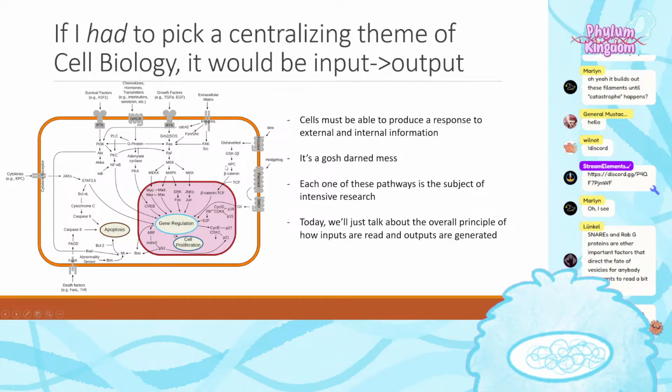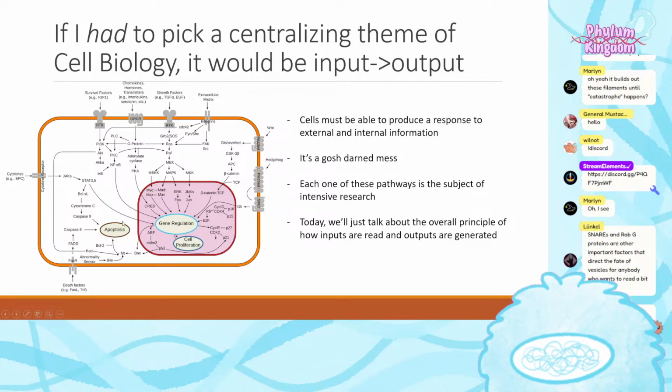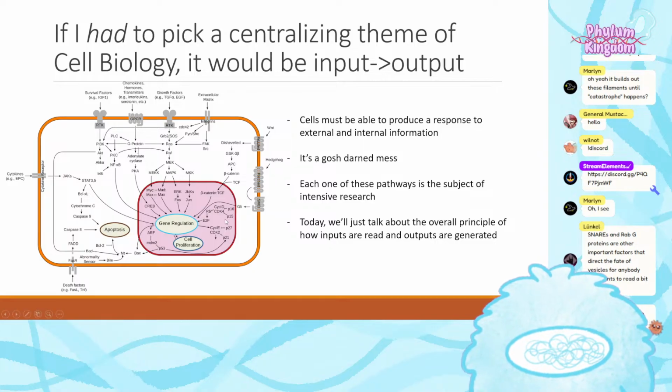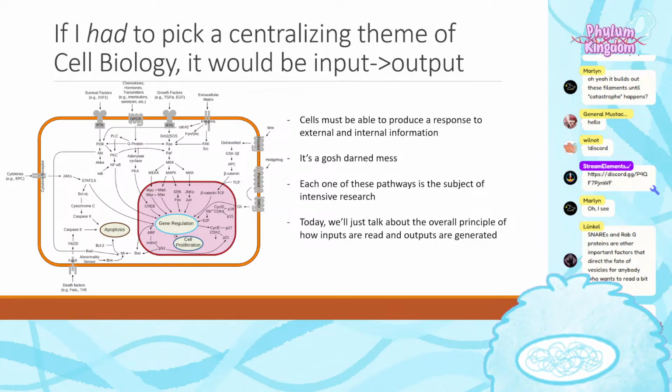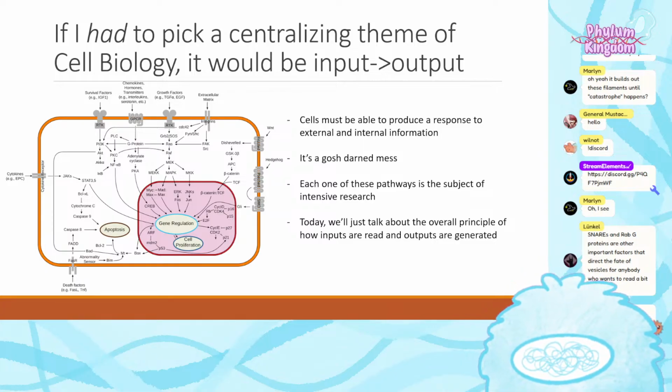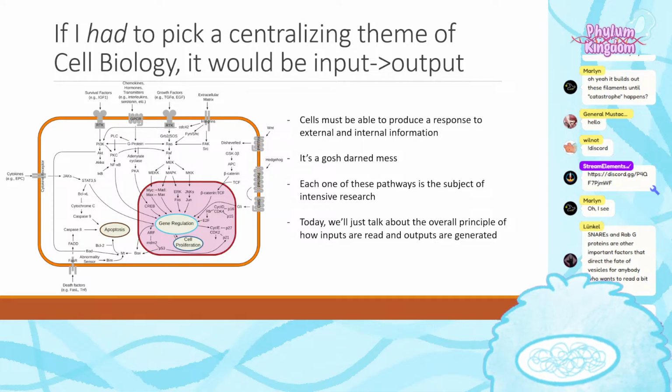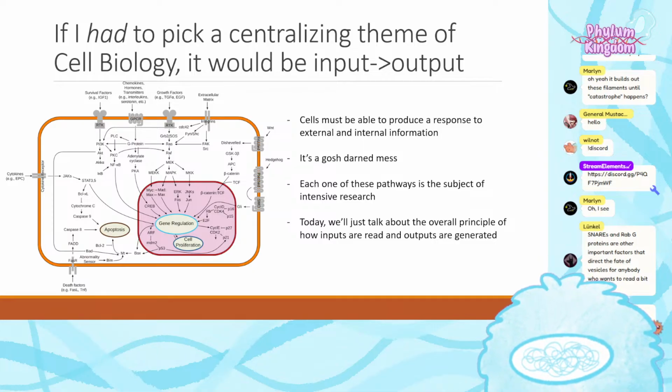Because in the cell is this complex series of circuits that can combinatorically produce certain outputs, whether it be exiting the cell cycle, entering the cell cycle, moving along an extracellular matrix, or releasing deadly chemicals if you're a neutrophil, right?